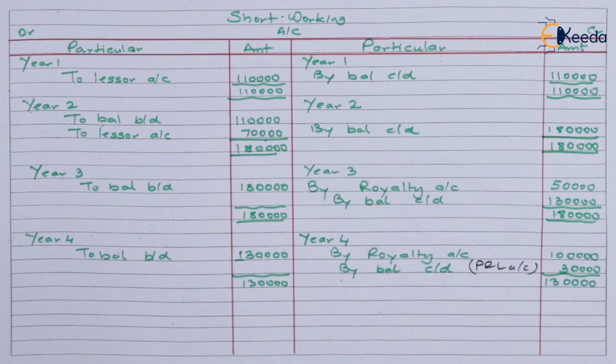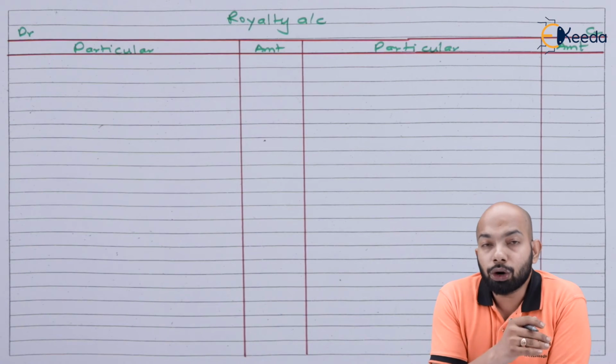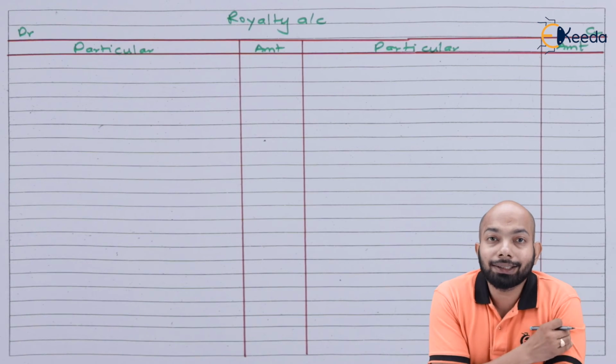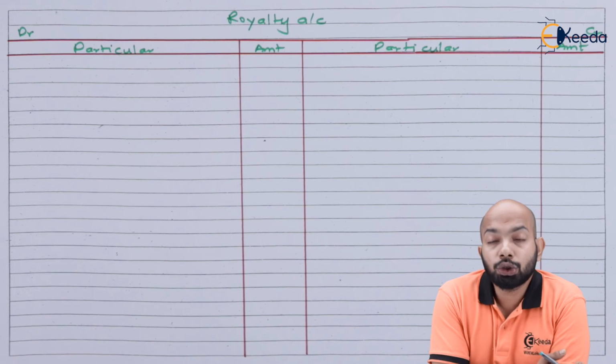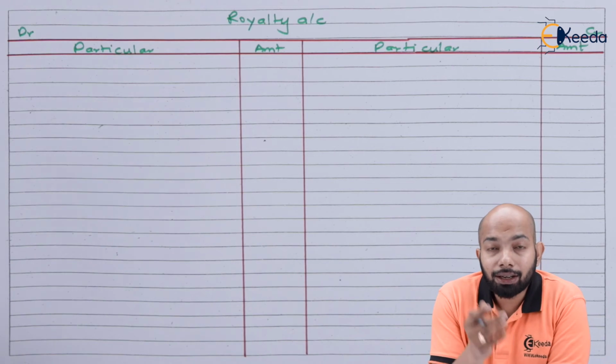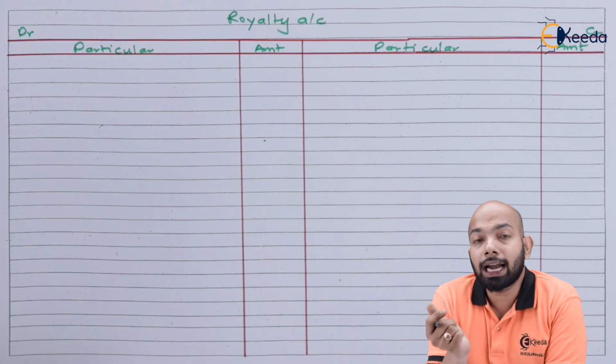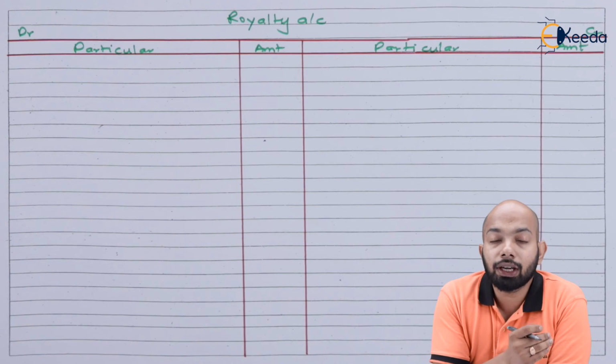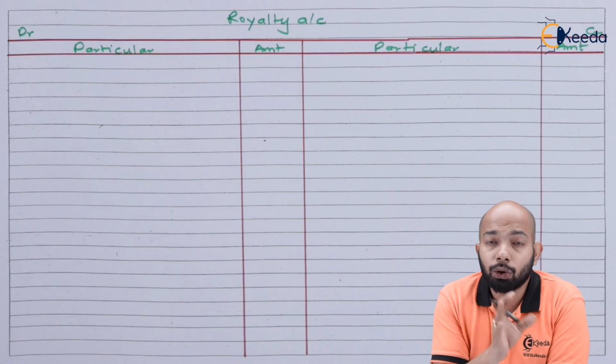Now, let's go and prepare the last ledger account, that is the royalty account. When it comes to royalty account, we have to use the technique that we used in short working itself. Again, royalty account was debited to landlord account. So on the debit side of royalty account, it will be to lessor account and the royalty amount.